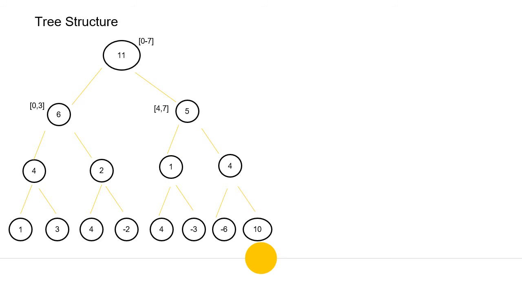Now let us understand the space complexity of this segment tree structure. In the first root level we have one element, and then we have two elements, then 4, then 8 elements.